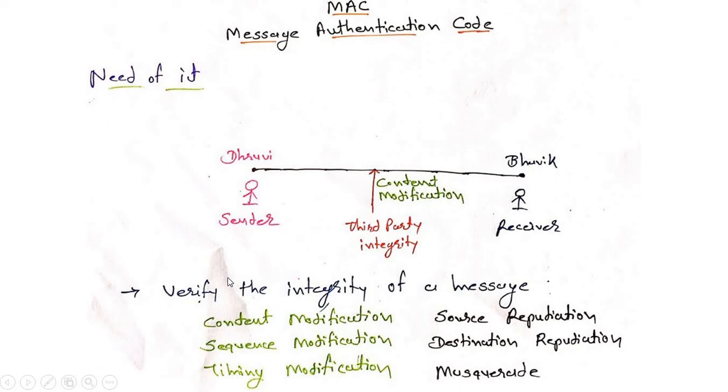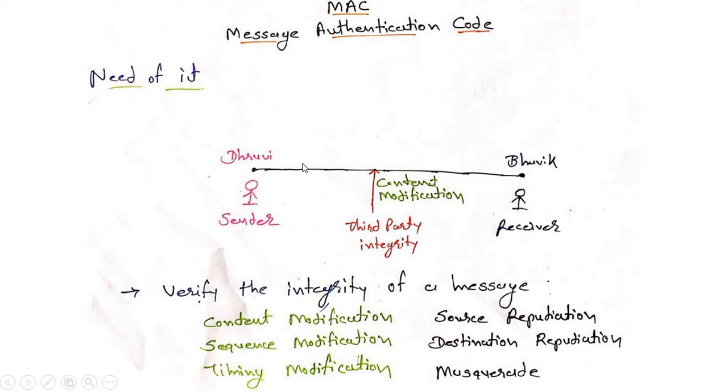So why are we using it? The first thing is that we are verifying the integrity of a message. It means checking whether the message is the original message or contains any type of alteration. We are able to check this by using the message authentication code. Which types of integrity violation can happen? The first is content modification.